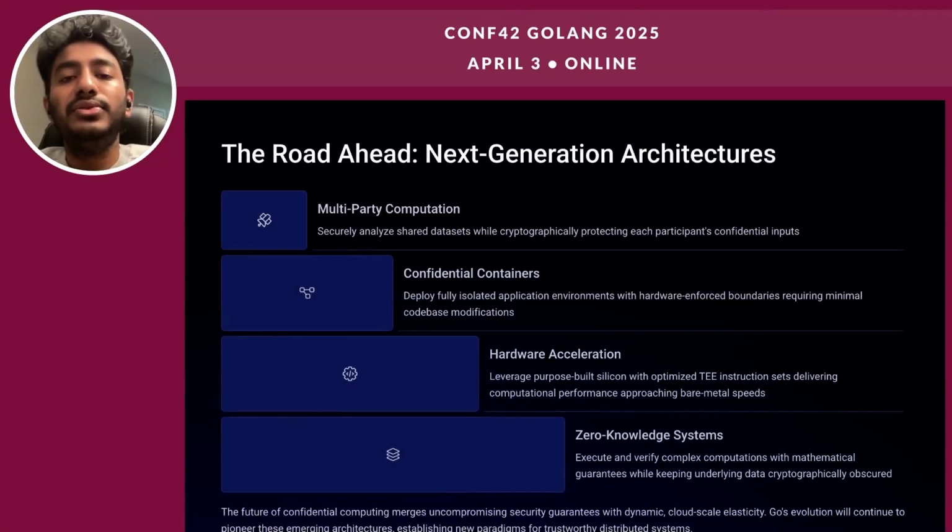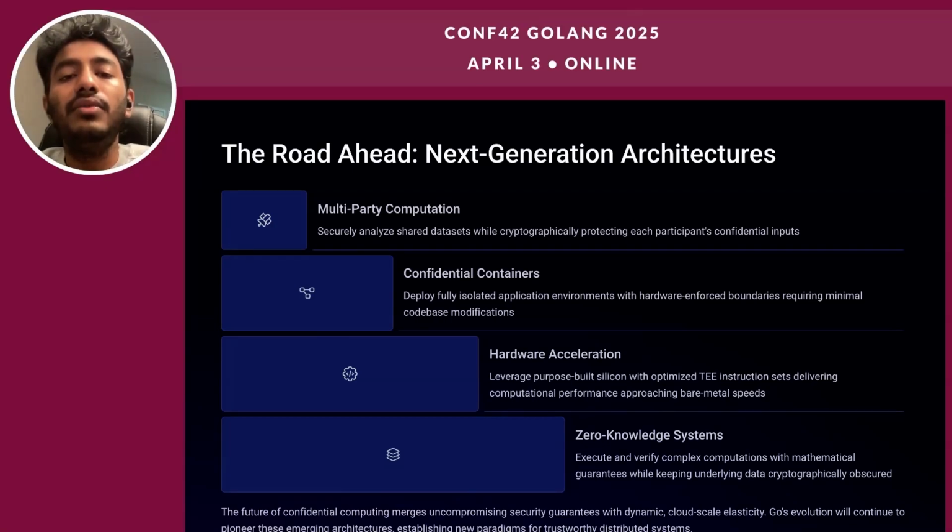All right. So with all that, the next question comes, where are we headed? The future is shaping up to be even more powerful. We are seeing multi-party computation that will let us analyze joint data sets without ever exposing raw data.